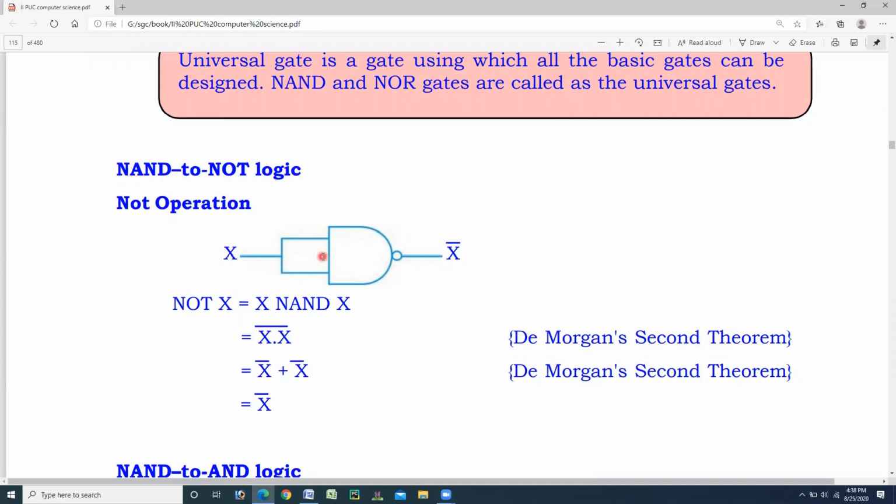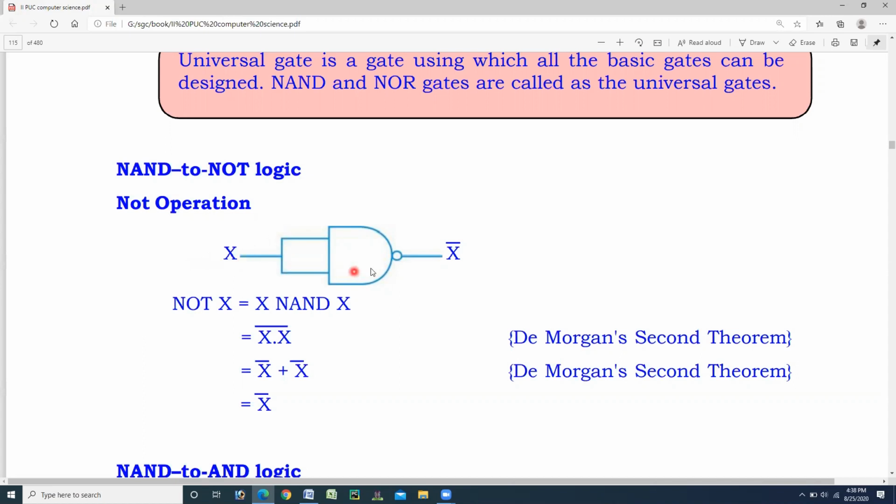But in the basic things, NAND gate has 2 or more inputs. But if you observe here on the input side, we are given 2 inputs, but both the inputs are the same, that is one common input X.